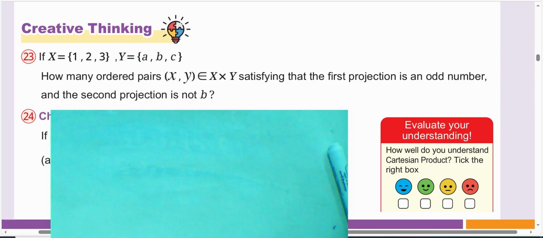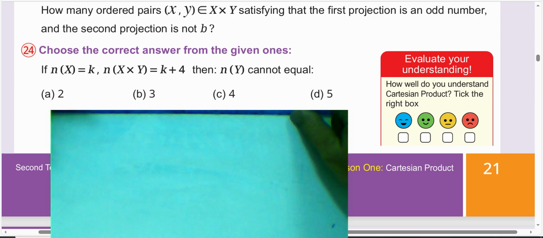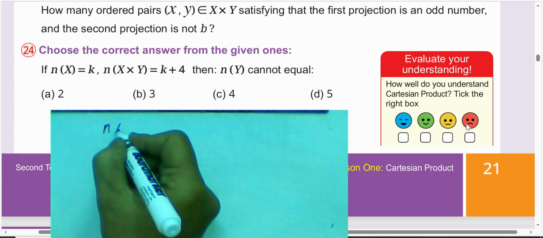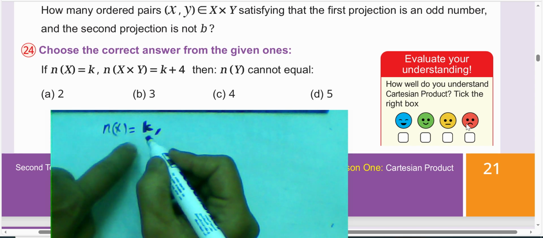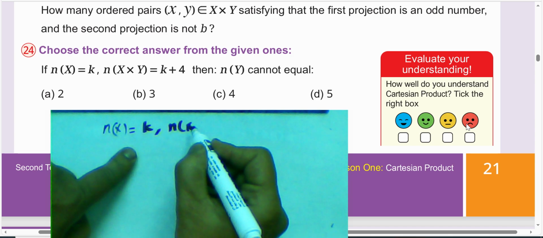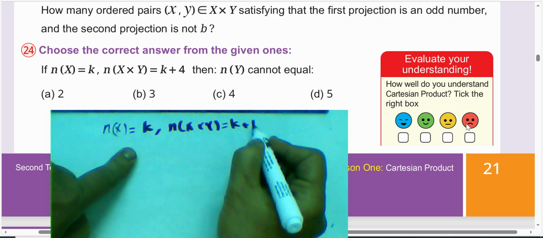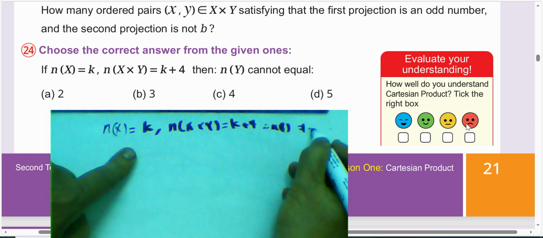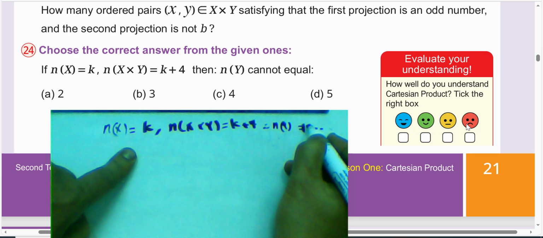Okay. Next question, number 24. The number of elements in X equals k, and the number of elements of X Cartesian product Y equals k plus 4. Then the number of elements of Y does not equal what?